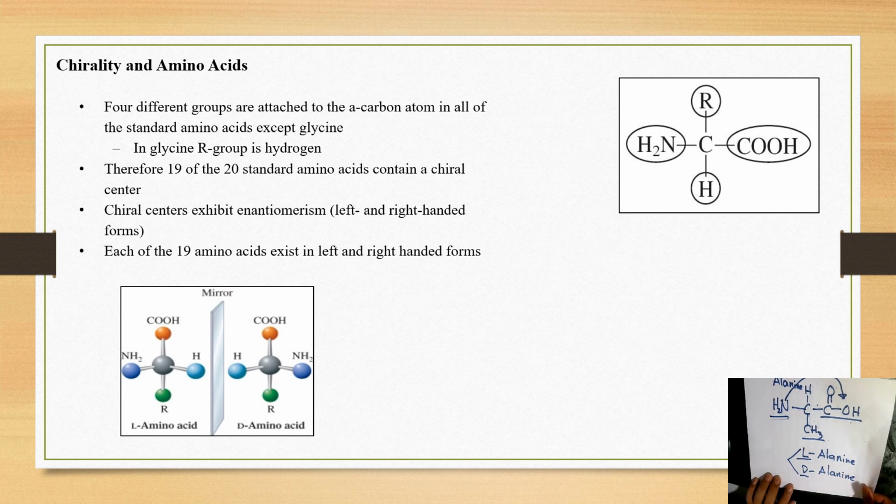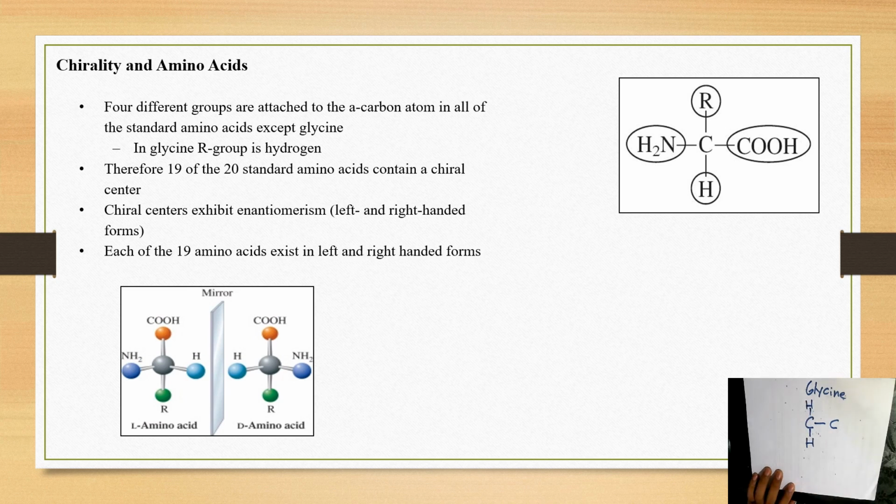Out of the 20 standard amino acids, glycine has no chiral center because its R group is also hydrogen.